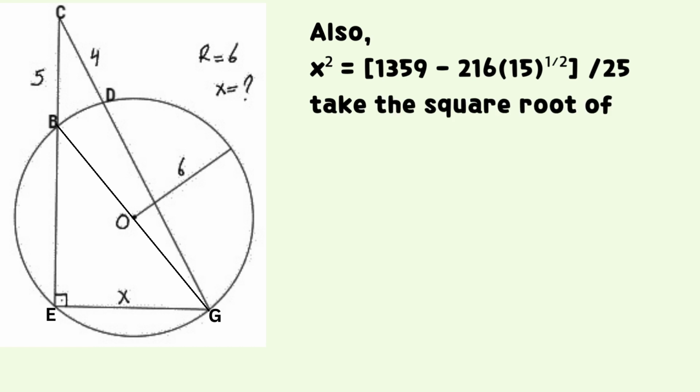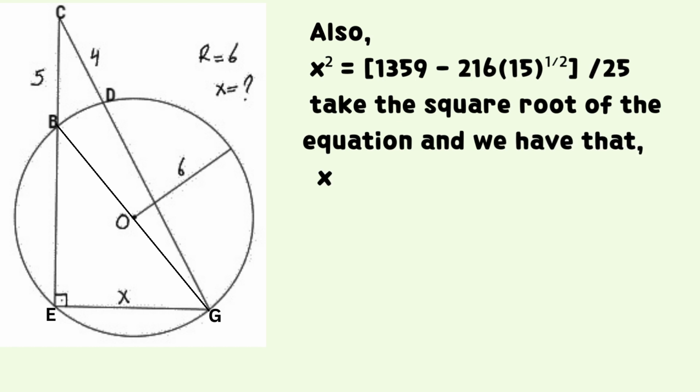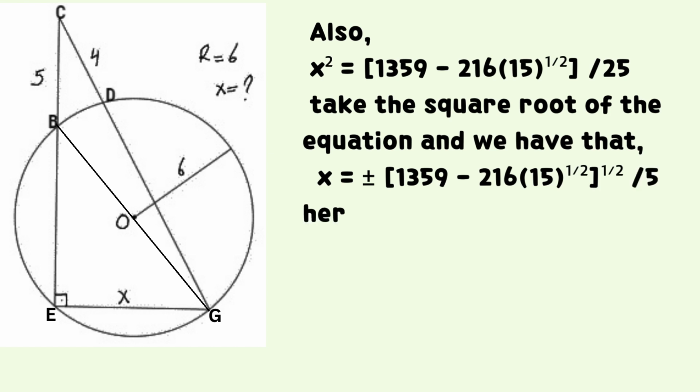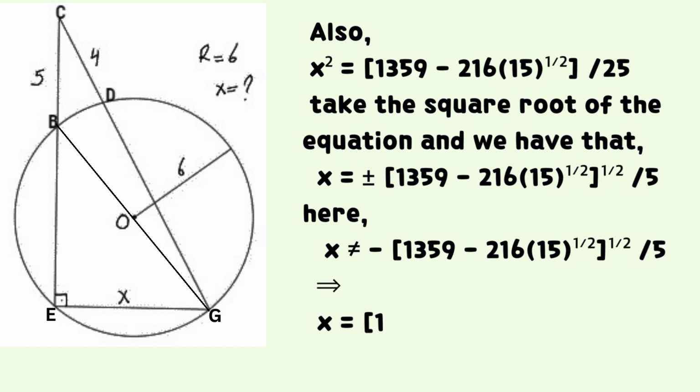Also, we have another value of the square of x as shown on the screen. Take the square root of the equation and we have that x equals plus or minus the square root of the difference between 1359 and the product of 216 and the square root of 15, all divided by 5.